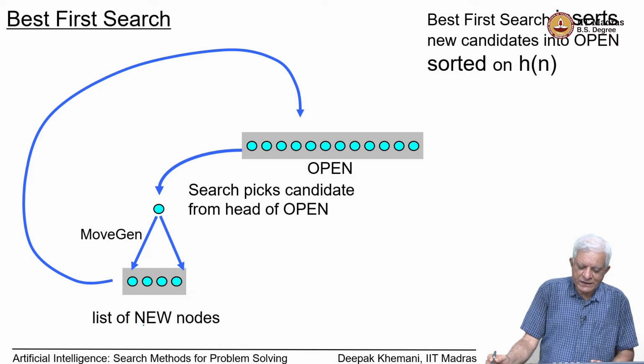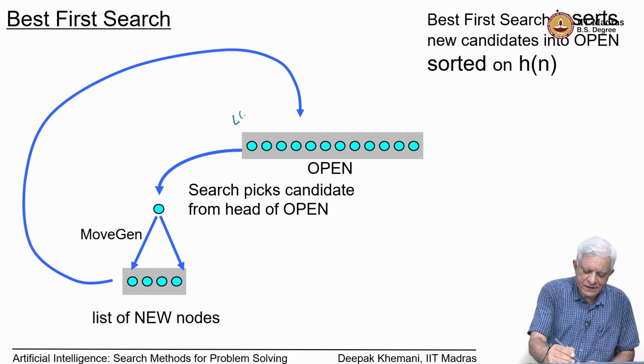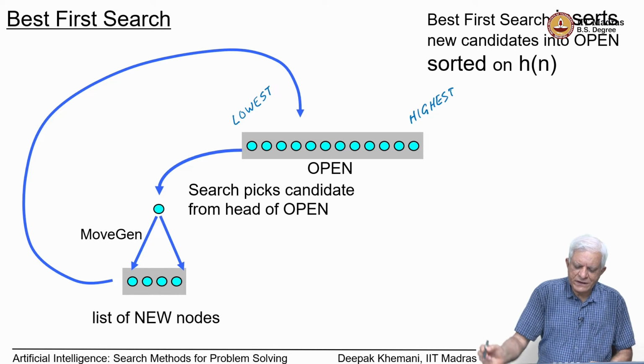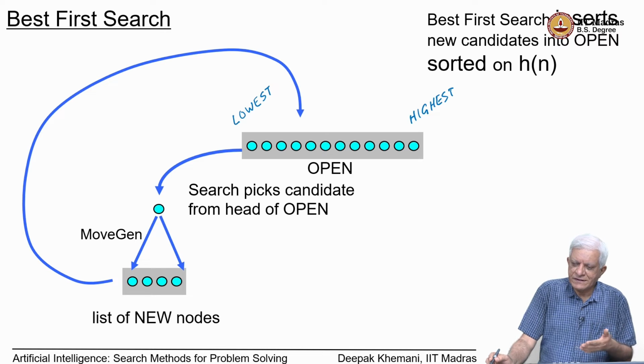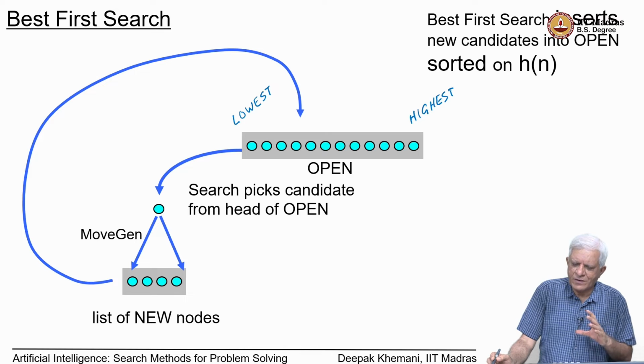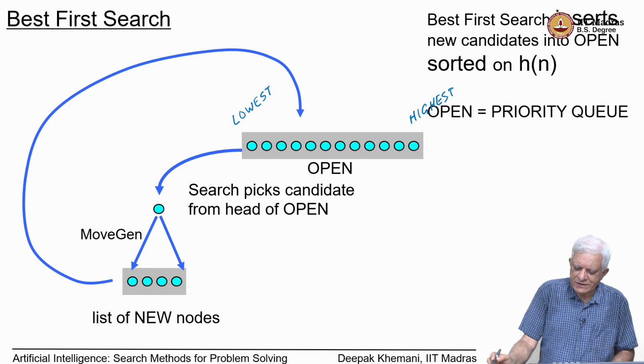So, it does not go to the head of open, it does not go to the tail of open. We assume that open is sorted on heuristic value. The lowest heuristic value is at the head, sorted in increasing order, and the highest is at the tail. Depending on the heuristic value of the new nodes generated, we insert them in an appropriate place in open. With this small modification, we have changed the behavior of our search algorithm to be a little bit more informed.